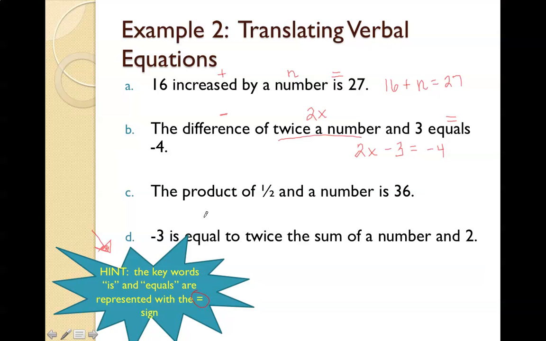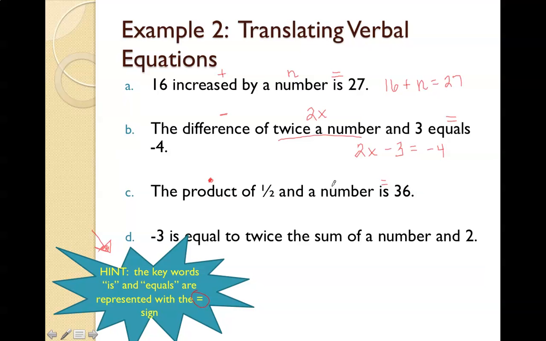All right, C. The product, which means multiplication, and I'm going to represent that with the little dot, because now we're dealing with variables, and sometimes the multiplication sign of an x can get confused with a variable, so let's not write that as a multiplication sign anymore. The product of 1/2 and a number is 36.